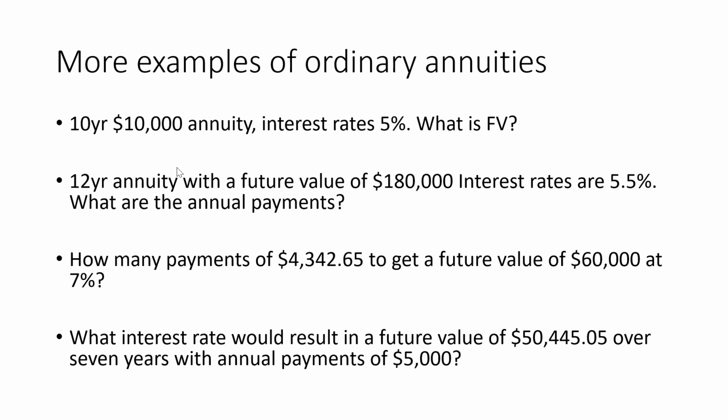So we're calculating our payment in this one. Once we compute all those inputs, our payment's going to come out to $10,985.26. Of course, that's going to have a negative sign in front of it. That's just showing that that's what we need to input to get this future value of $180,000 over 12 years.